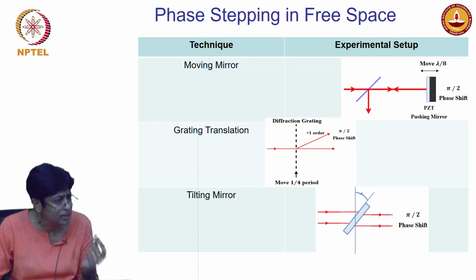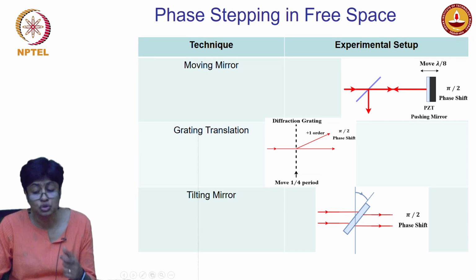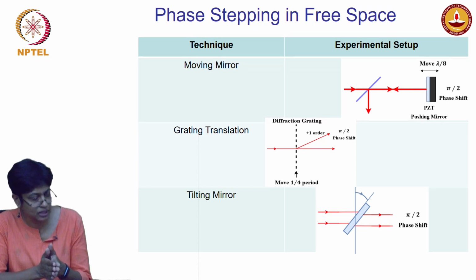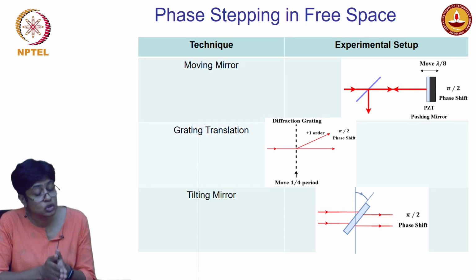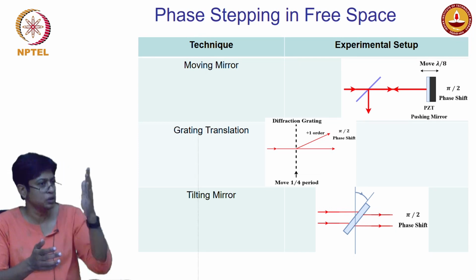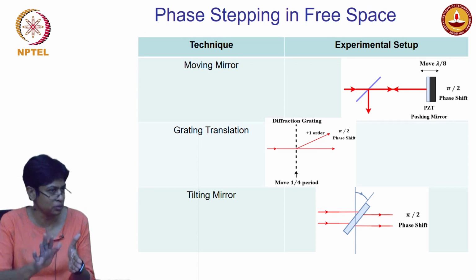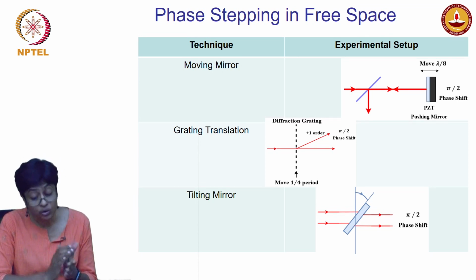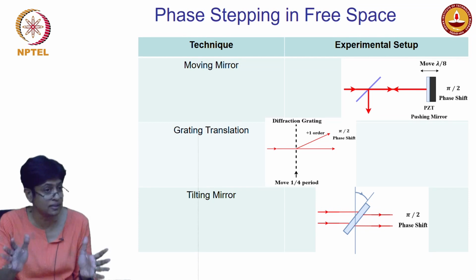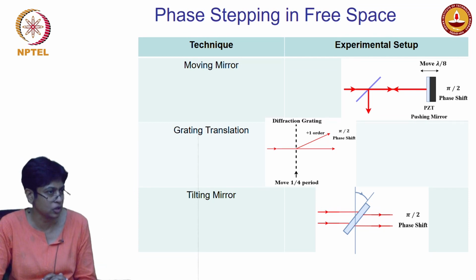So, it has to be very accurate. Usually you will have the mirror mounted on a piezo device and you apply a voltage and it moves through that distance. You could also have a grating, and do not worry about it too much. When you move the grating, the phase in the order will change slightly, or you could also tilt your mirror to create a phase shift. There are other techniques too, these are some of the common techniques.